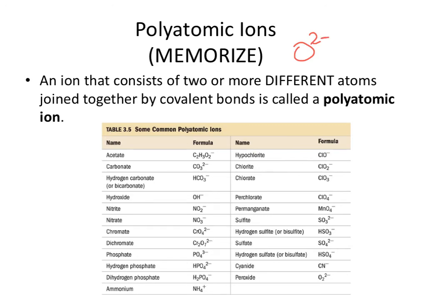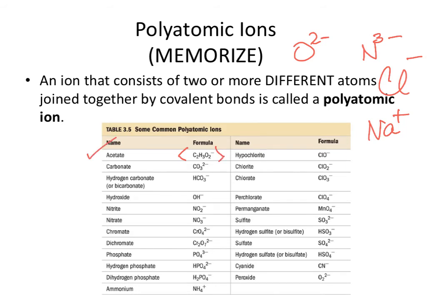So oxygen, there's only one type of element in the ion. Nitrogen, okay? So those are all monoatomic ions. One type of element. A polyatomic ion has at least 2 different elements in it, okay?